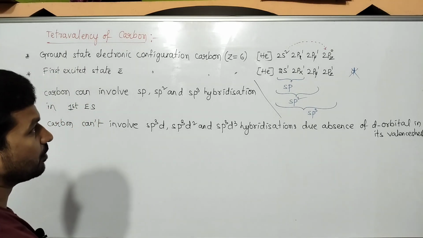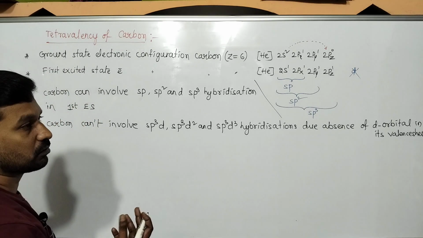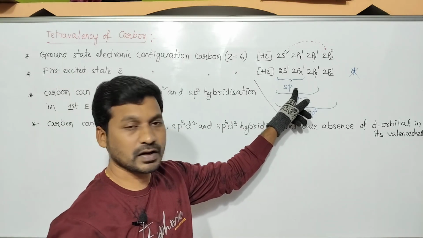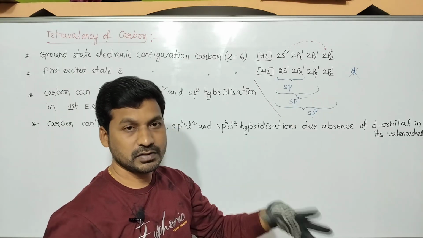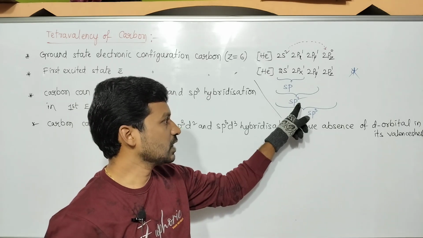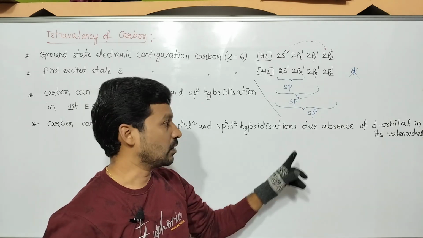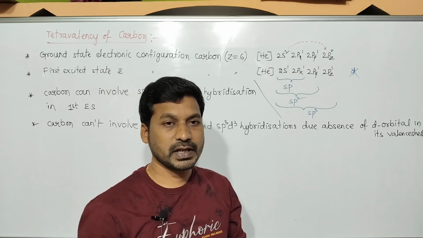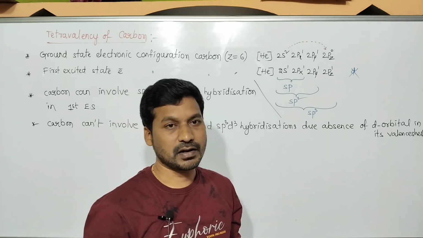So if you see the shape at a carbon atom, if the hybridization of carbon is sp, the shape of arrangement at this carbon is linear, sp2 carbon trigonal planar. If carbon involves sp3 hybridization, then the shape is tetrahedral.